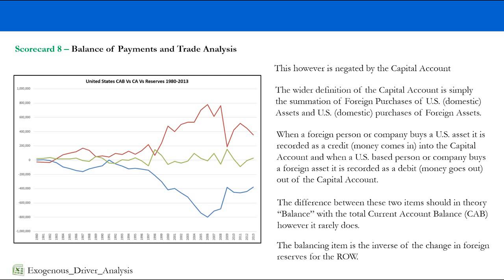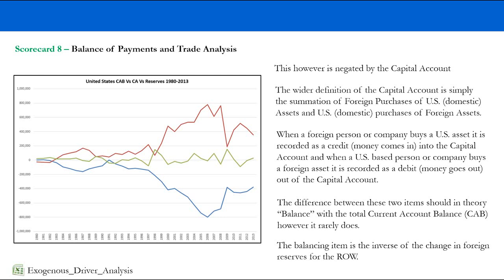The difference between the two items, the current account balance and the capital account, should in theory balance. However, it very rarely does. Now, the balancing item itself is either adding back or taking away a number to make sure that the difference between the current account balance and the capital account is zero.